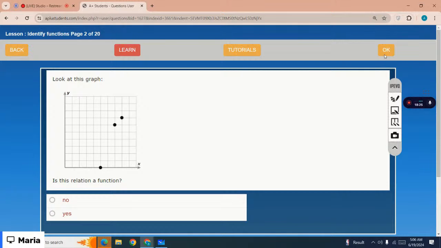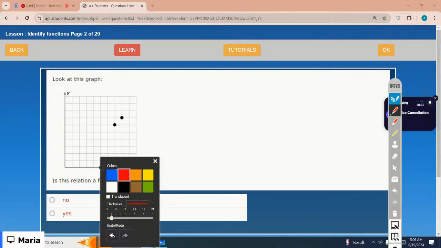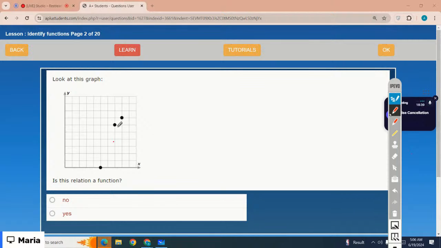For each x value, you have only one y value. You can see here, on this x value you have only one point, right? On this x value, you have only one value. So each x value maps to a single y value. So the correct option is yes, it is, right?